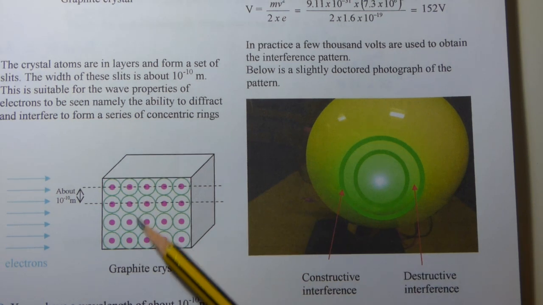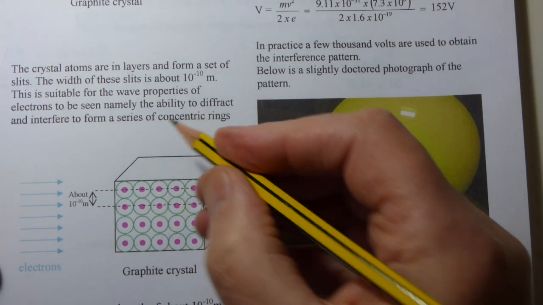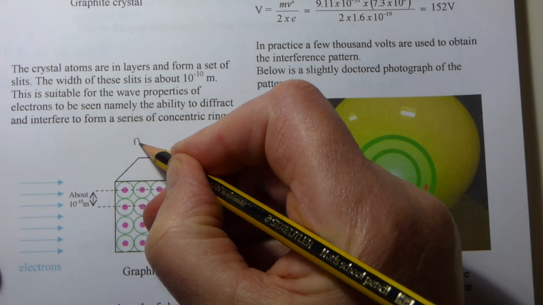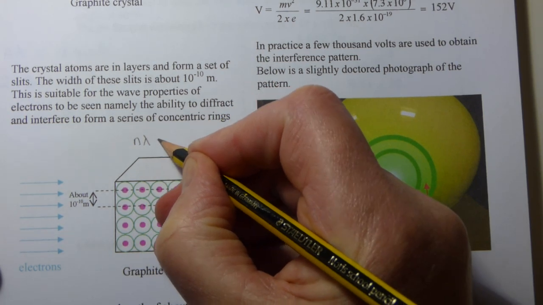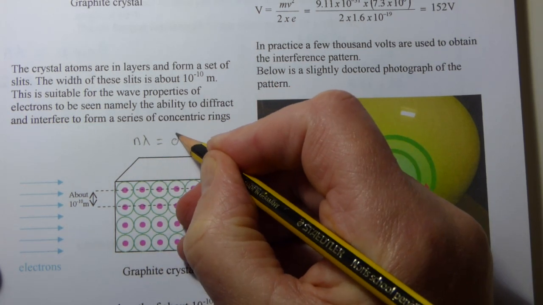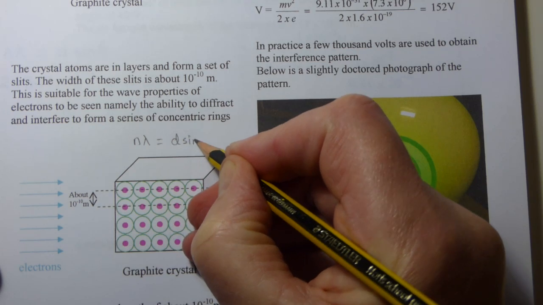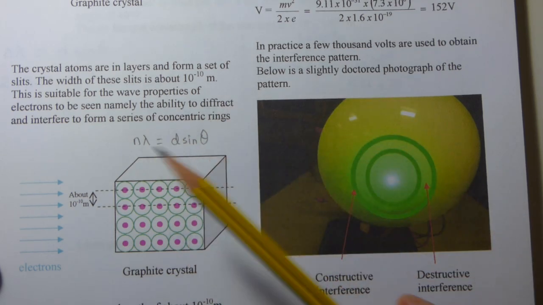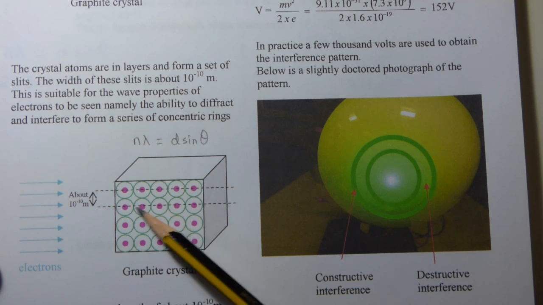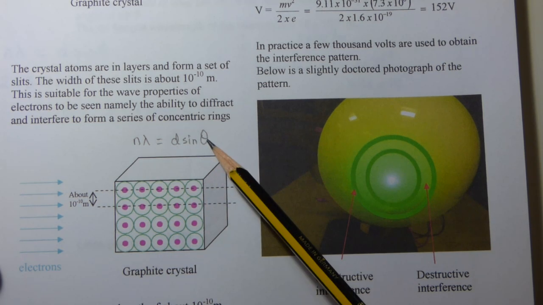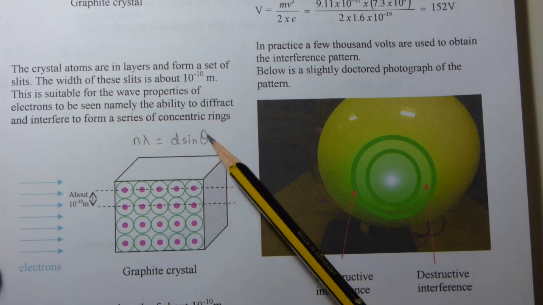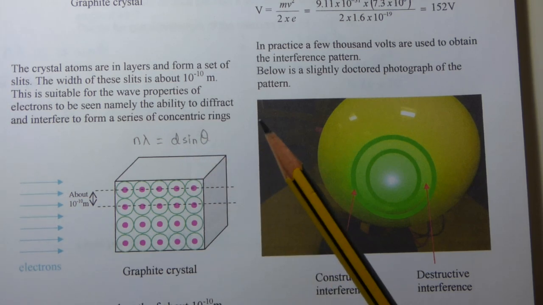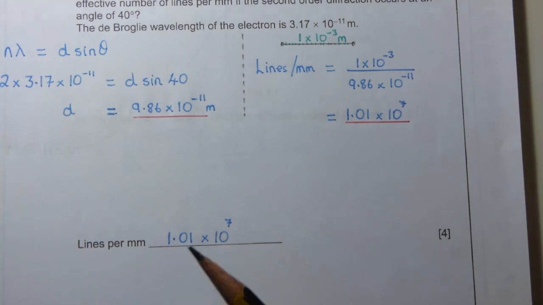And if this behaves like a diffraction grating, then presumably the diffraction grating formula should apply. n lambda is d sine theta. d is the spacing between the layers, and theta is the diffraction angle. And we're going to see how the speed of the electrons changes the diffraction angle.